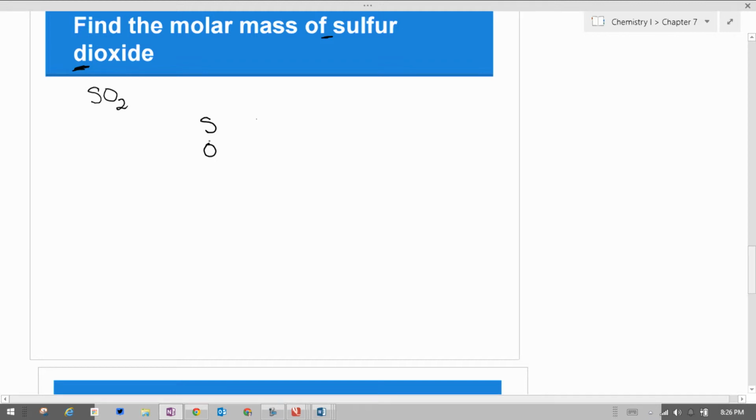This is a nice one, there's only 2, just a sulfur and an oxygen. And then right next to them I will put how many I have of each. So I have 1 sulfur and I have 2 oxygens. And next to that I put a times sign because I am going to multiply them by their mass numbers from the periodic table.